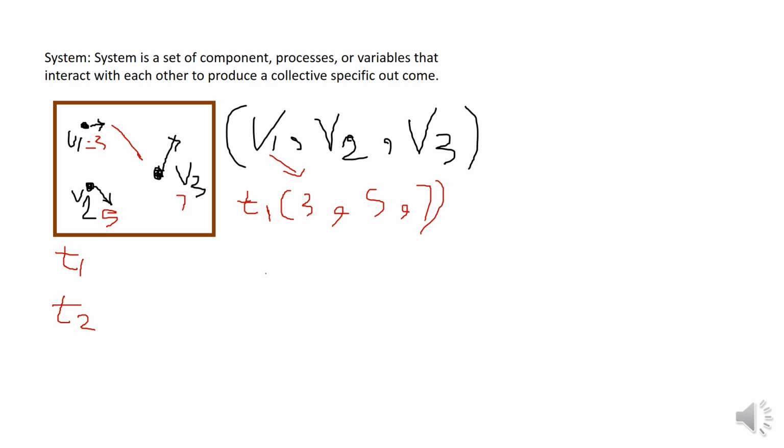So after a certain time, at time t2, particle 1 has velocity 7 because it has been changed by collision between particle 1 and 3. Particle 2's velocity 5 is fixed because it is not colliding with other particles, and particle 3 now has velocity 3.